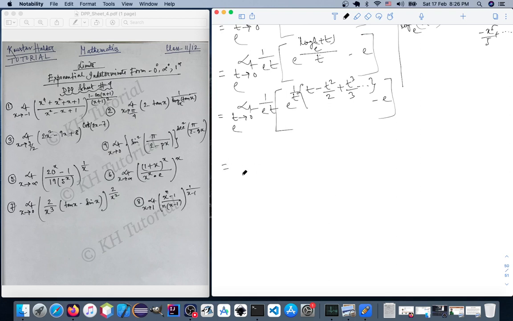This becomes e to the power limit t tending to 0, 1 by e t. Over here, if I bring the 1 by t inside, we get 1 minus t by 2 plus t square by 3, like this, minus e.